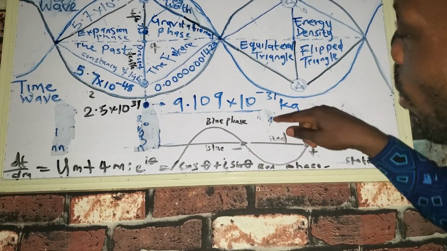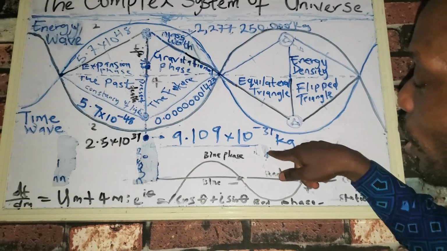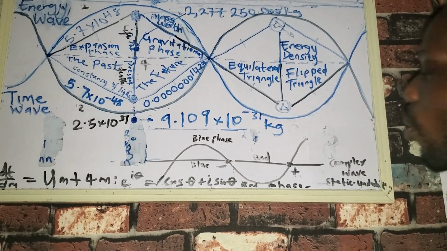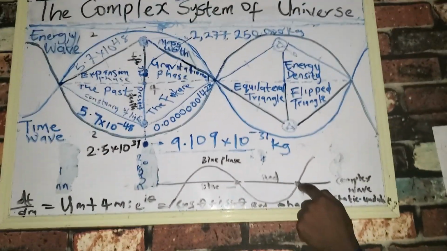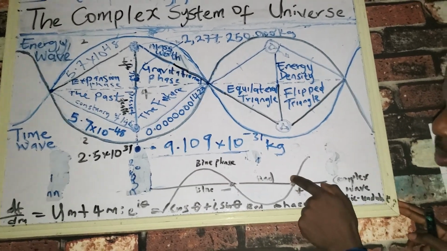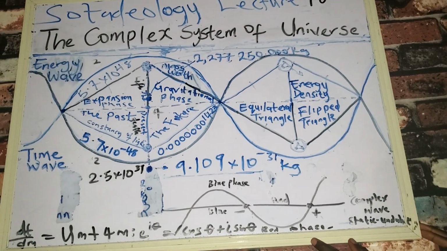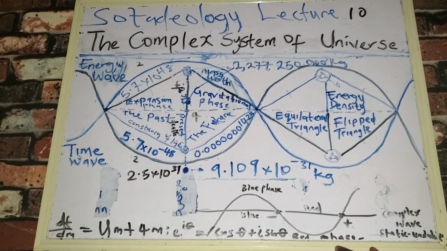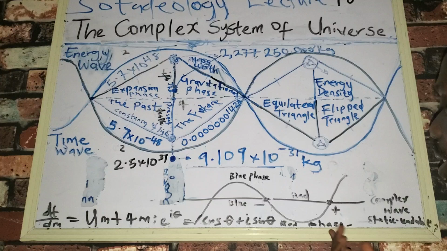Imaginary wave has its own peak energy wave at the classical level. So the moment the real wave reaches the 0 point here, then the imaginary wave will be at its minimum peak wave. It will be at its minimum level.